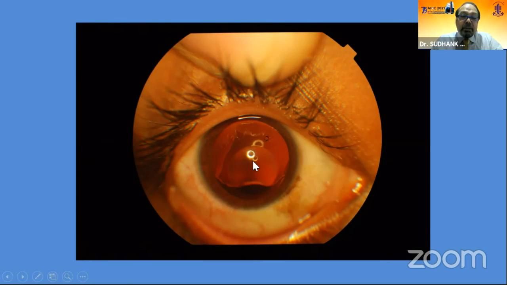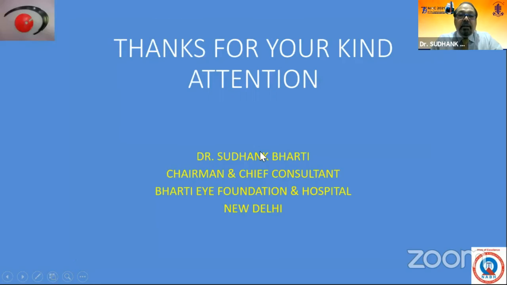And I can tell you, these pictures were taken only 4 or 5 days back when she came to me after 5 years of ICL implantation. So this is something which I can vouch for, that these ICLs are most inert material and devices which can give absolutely wonderful vision. And thank you very much.